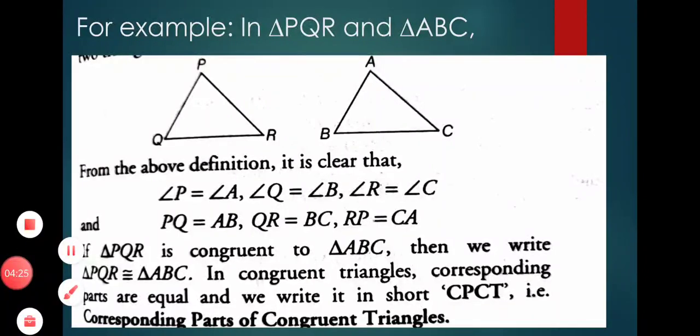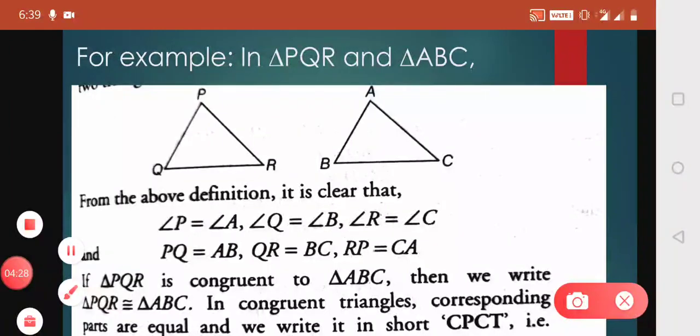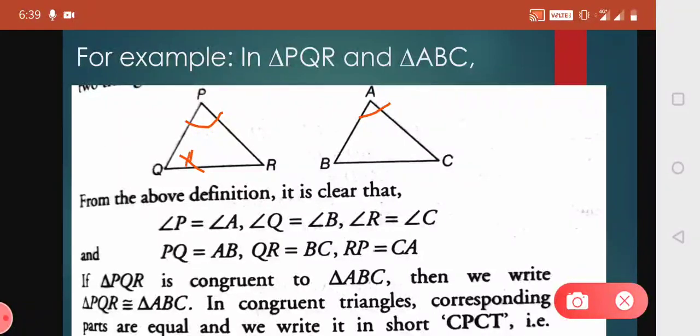According to the definition, angle P will be equal to angle A, angle Q will be equal to angle B, and angle R will be equal to angle C. Of the three sides, PQ will be equal to AB, QR will be equal to BC, and RP will be equal to CA.